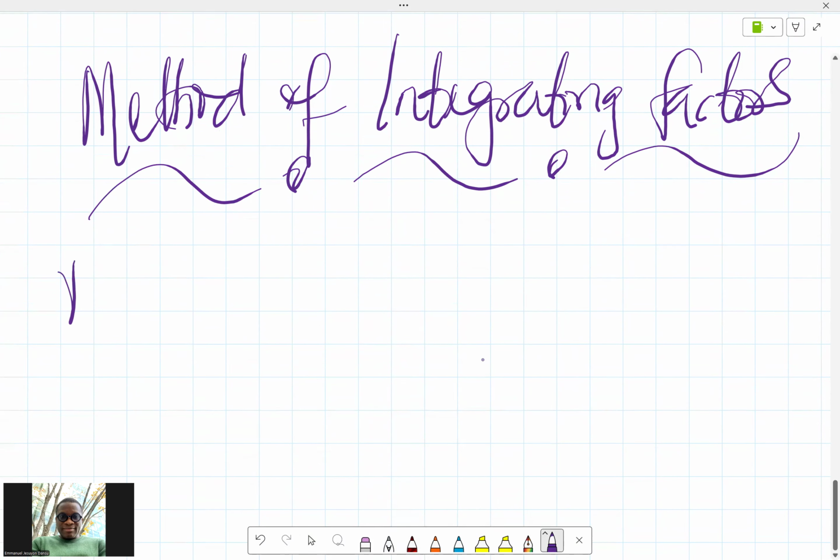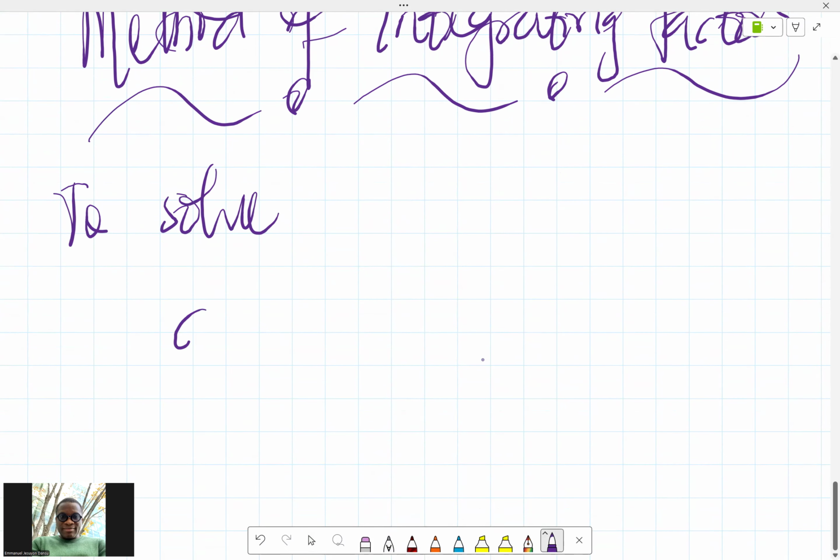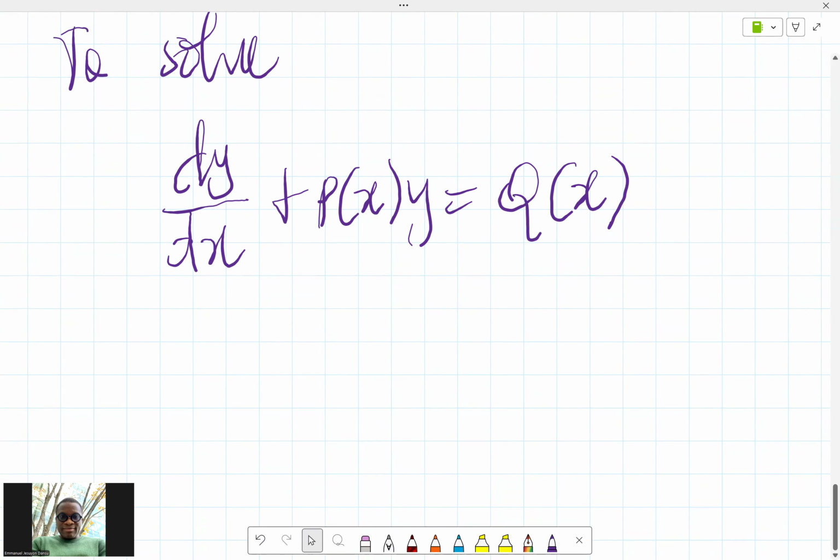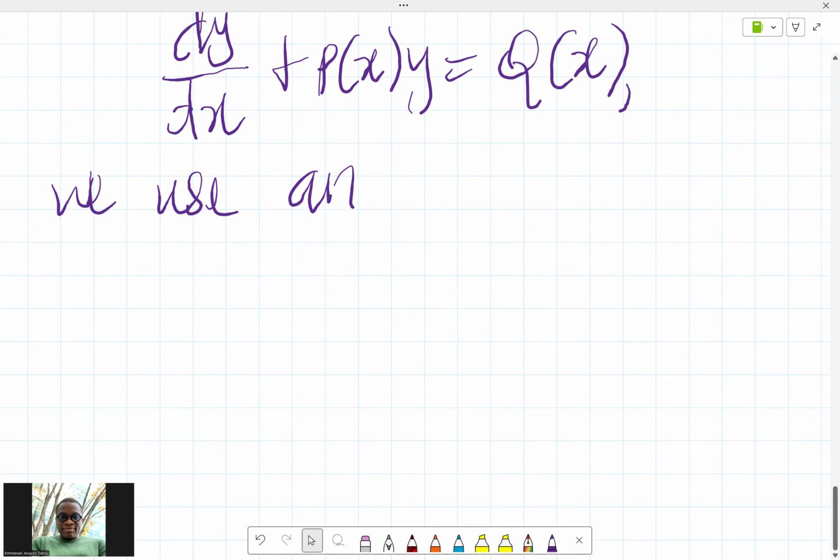To solve that first order linear equation, dy/dx + p(x)y = q(x), which is the general form you saw already, we use what we call an integrating factor.